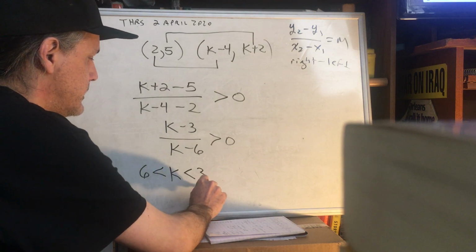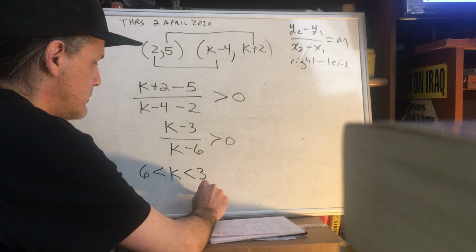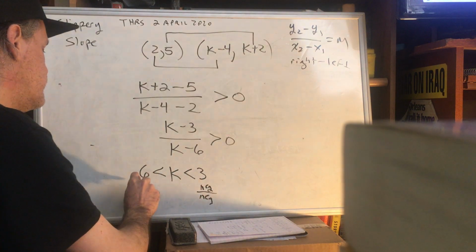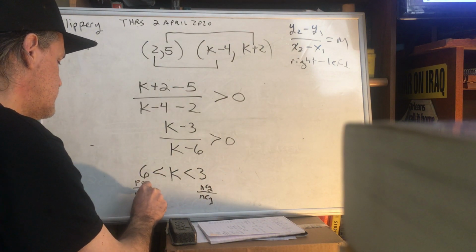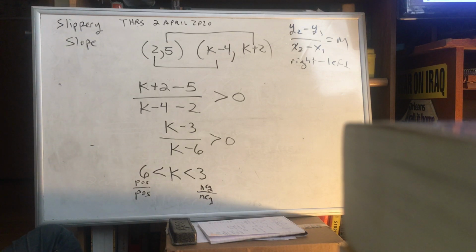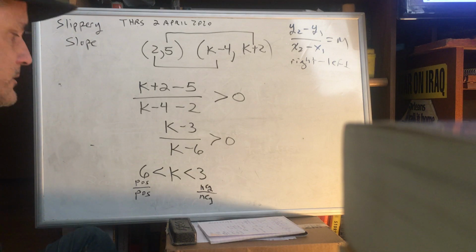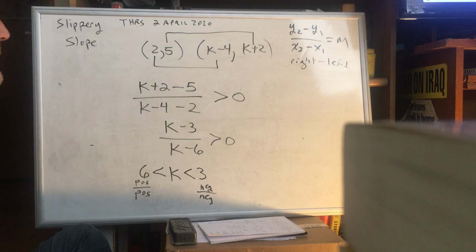This is when you get a negative over a negative, and this is when you get a positive over a positive. Now there's another, more sophisticated way of doing this, but we won't worry about that right now. Let's just think about what that means.